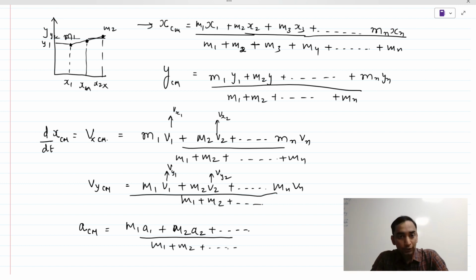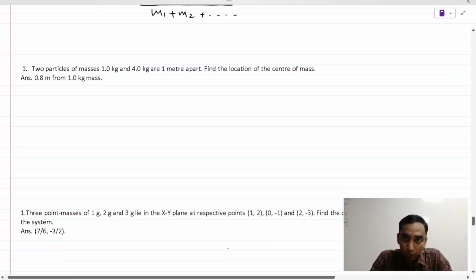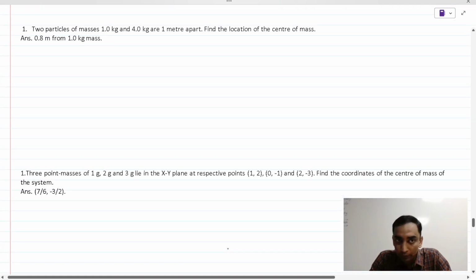If I differentiate the y coordinate, I will get acm along the y axis as well. So let's keep these equations in mind.